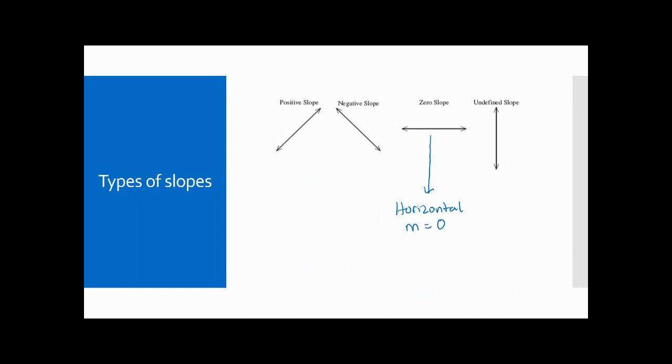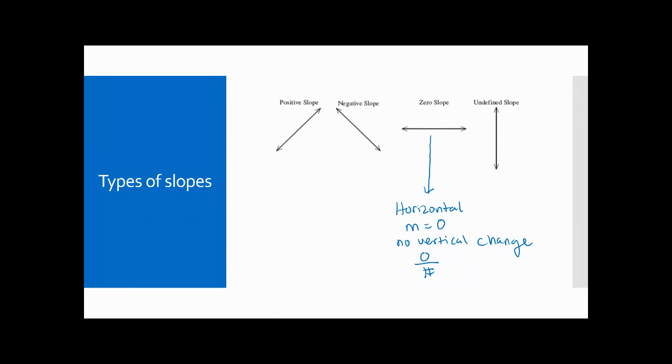So m is equal to 0. And this is because there is no vertical change. So in your slope formula, you would have 0 over some number, and 0 divided by anything is equal to 0. So any horizontal line has a 0 slope.